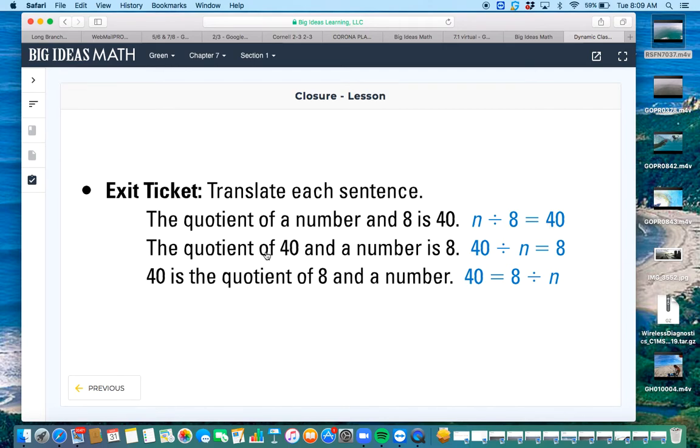The quotient of 40 and a number is 8. These two are actually opposites right here. Last one: 40 is the quotient of 8 and a number. They're telling us 40 is the answer. The quotient of 8 and a number.